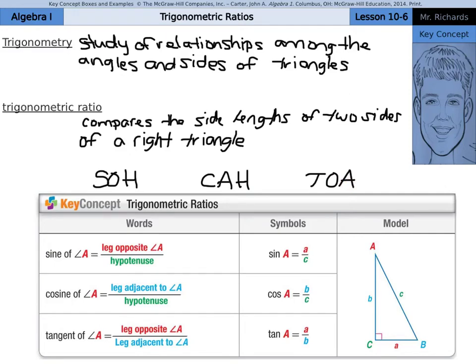The opposite of A is again A here, and the adjacent is B. So we're going to be using SOHCAHTOA to help us find angles and sides of right triangles.